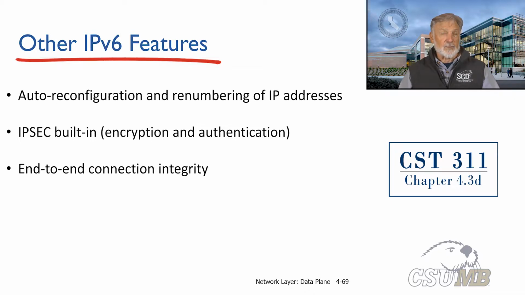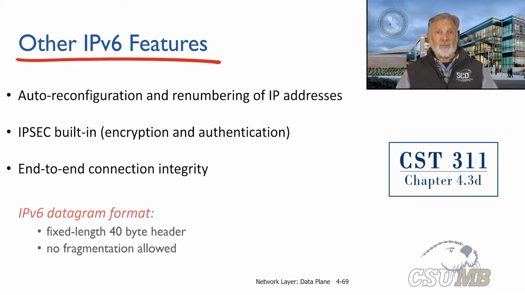IPsec, with its capability of encryption and authentication, is built into IPv6 instead of an add-on. With IPv6, end-to-end connection integrity is achievable, something that is not within the capability of IP version 4. The IPv6 header has a fixed length of 40 bytes instead of a variable length. Also, packets are not fragmented en route.